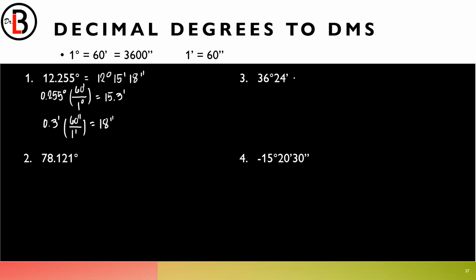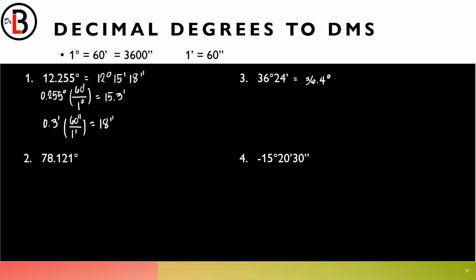What does it give you? It gives you like that, 36 degrees, 24 minutes, and 0 seconds. Press the DMS button again. 36.4 degrees. So it's like that. You just keep on pressing the DMS to change from DMS, degrees, minutes, seconds, or decimal degrees.